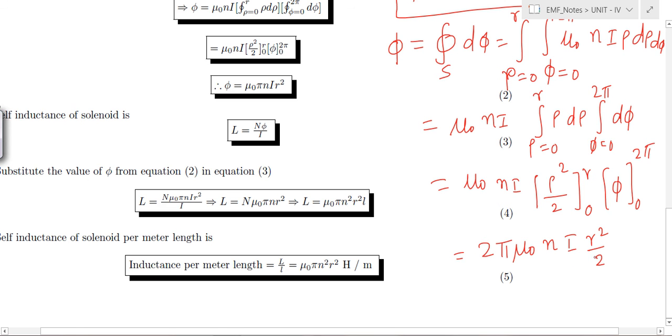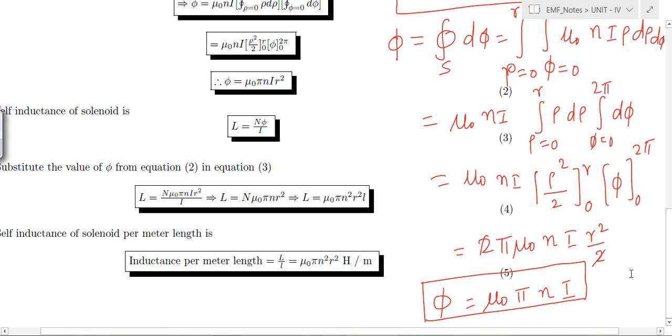So 2 will get cancelled, which we can write as mu naught pi n I r square, the total flux that links with each coil.